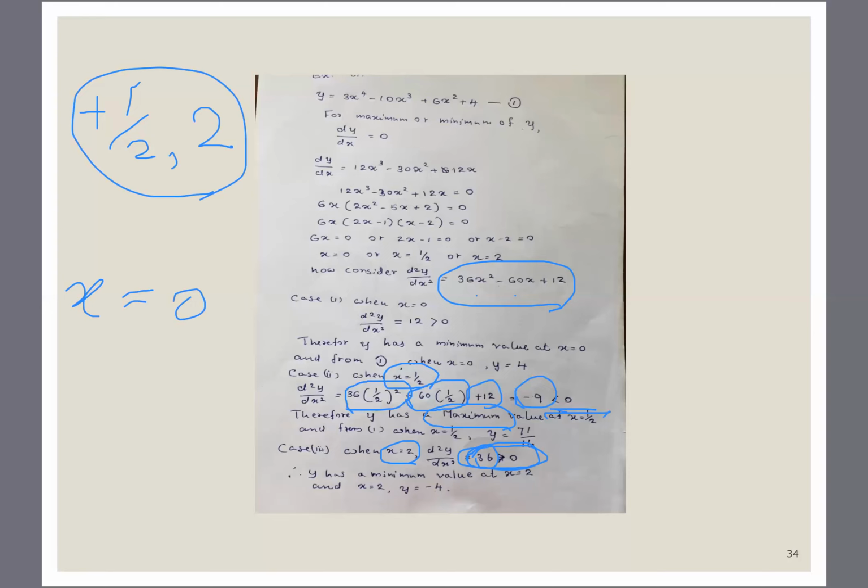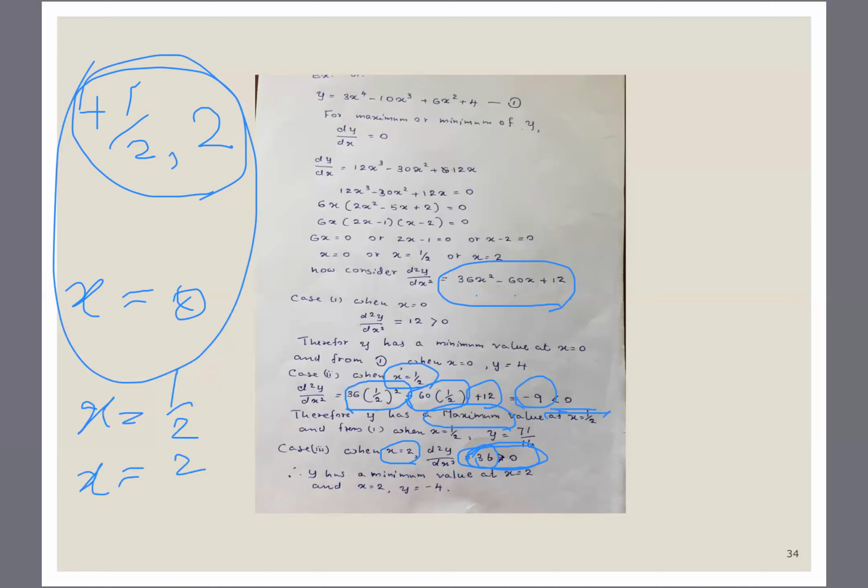These three are x values: x equal to half, x equal to 2, and x equal to 0. If x equal to half, our function has a minimum value. If x equal to 2, then also our function has a minimum value, but when x equal to 0, our function has a maximum value, right?